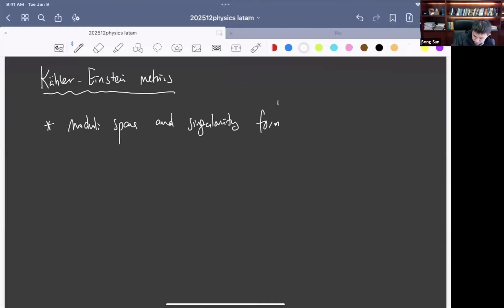So one type of singularity is a conical singularity. So it is modeled on a cone. If you want a cone to be Kähler, this has to be a Ricci-flat Kähler cone.